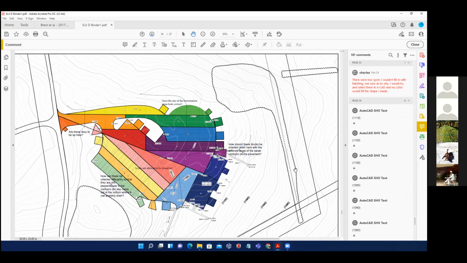Okay, we have Haley here. Does the size of the bioretention area look correct? If you have calculated the big yellow, and correspondingly calculated the small yellow, the only thing you need to do is use a polygon of some sort to demonstrate I can fit that bioretention in the area.